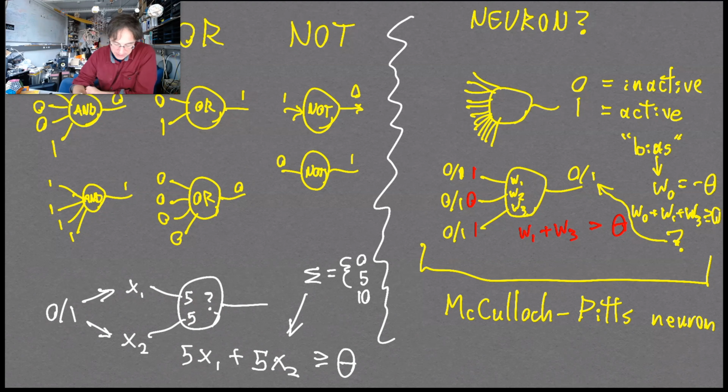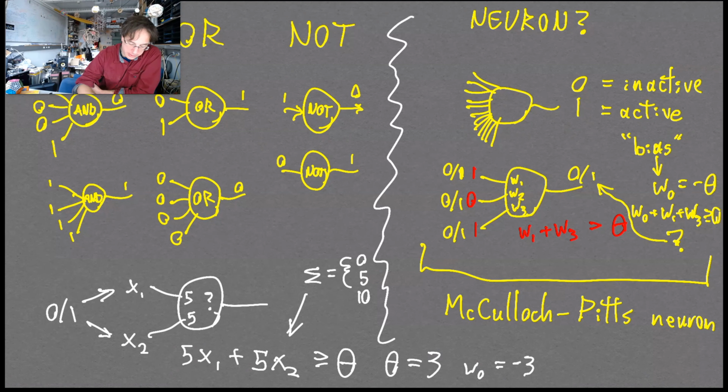Okay, so when should the OR gate produce a 1? It should produce a 1 if any of the inputs are active. So already if we reach this level of 5, where at least one of the inputs is active, the output should be 1. So we can use a threshold somewhere between 0 and 5. Let's choose a threshold of 3, for example, which means we can write W0 is -3.